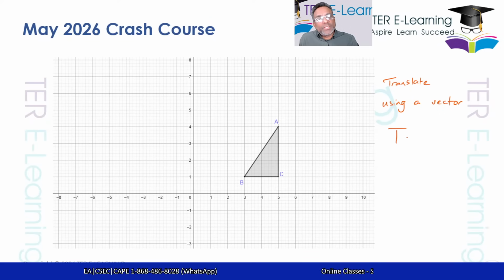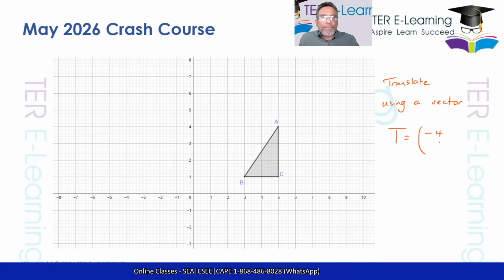Let's say the vector is (-4, 3). Let's translate this shape using that translation vector.